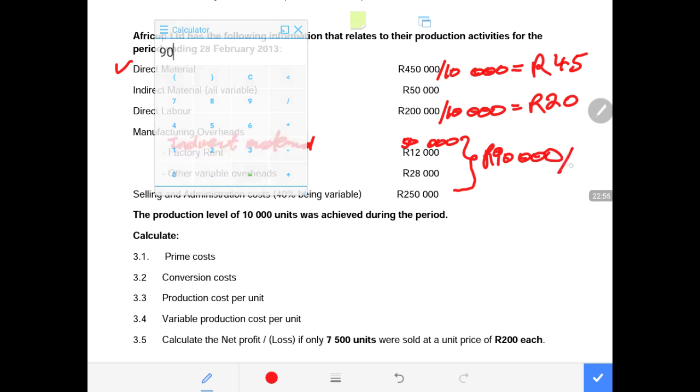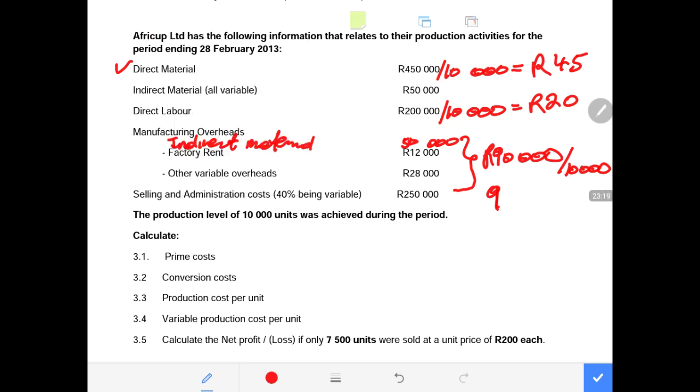We can just divide 90,000 by 10,000, and that will give us the manufacturing overheads per unit in total. 90,000 divided by 10,000 gives us a total of 9 rand. So our manufacturing overheads per unit will amount to 9 rand.